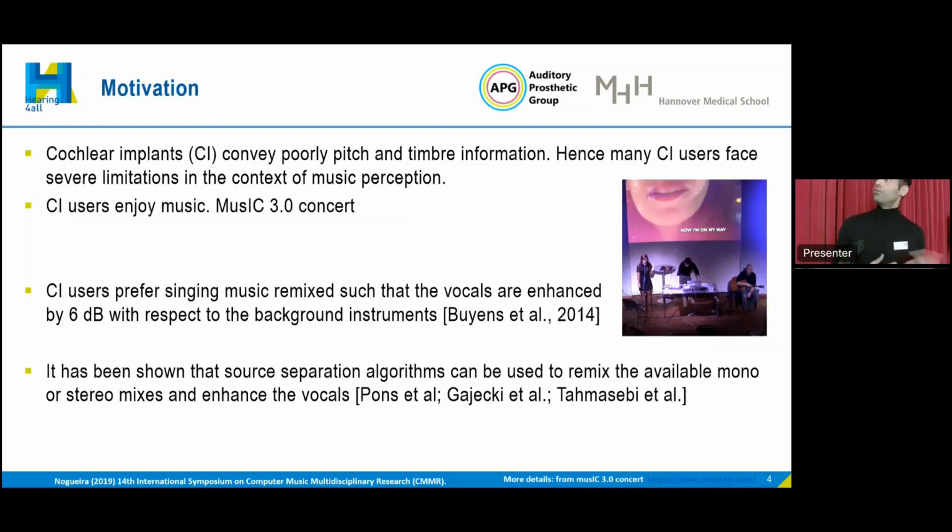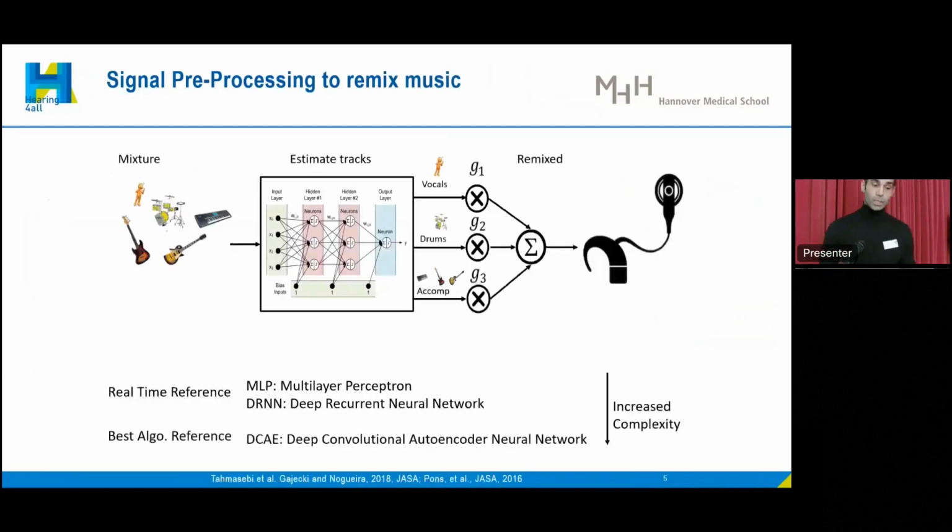However, previous research has shown that CI users enjoy music significantly better when the vocals are enhanced with respect to the background instruments. Many studies have shown that. But the question is how we apply this enhancement to the vocals. One of the methods that has been used is a front-end algorithm, for example a source separation algorithm, which takes a mixture as input.